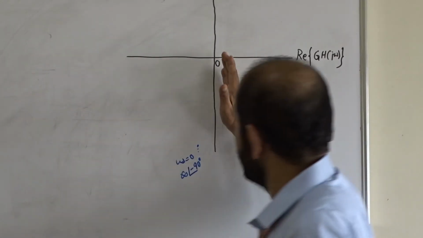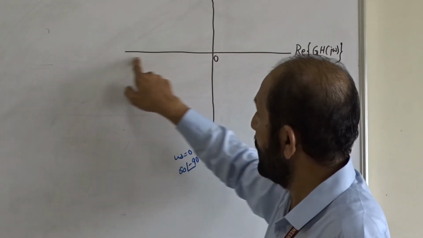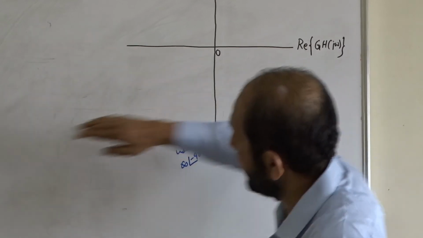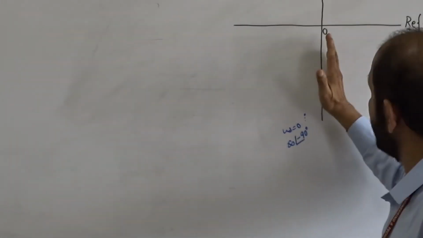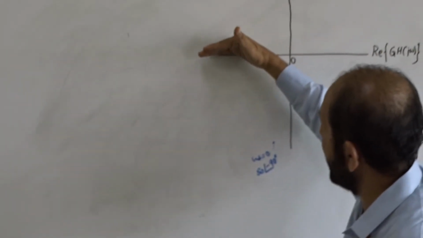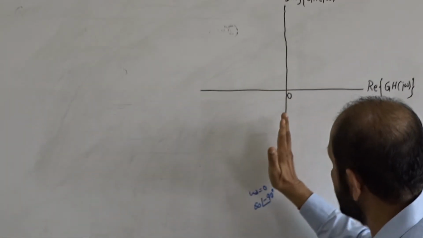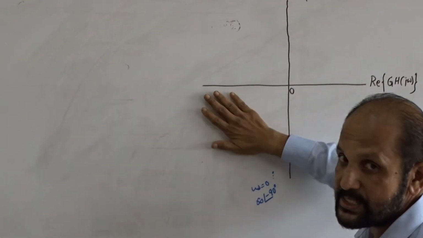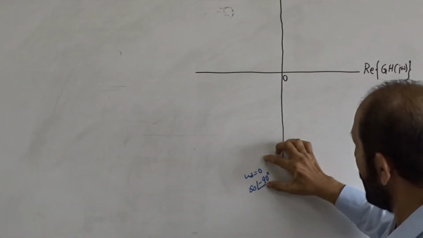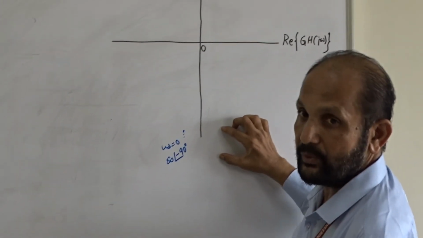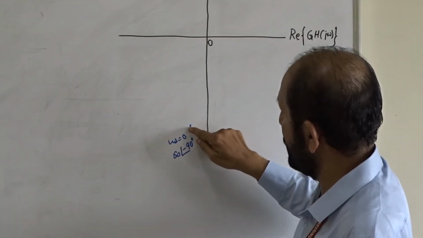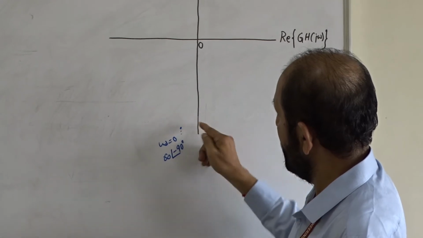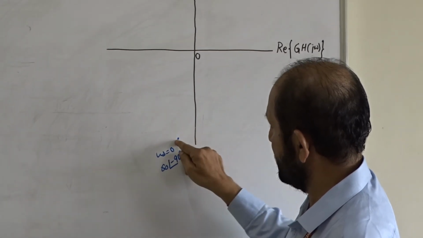This is the minus 90 degree axis and this is the minus 180 degree axis, so the plot should lie in between these axes in this quadrant. That's why this point cannot be taken on that side, as it is an entirely different quadrant. So the infinite point at omega equal to 0 is considered at this point.